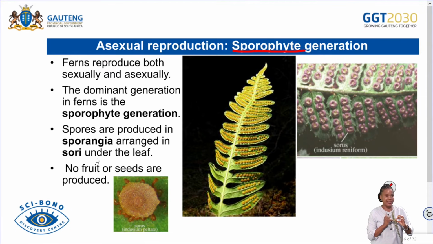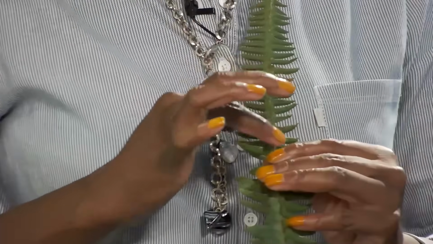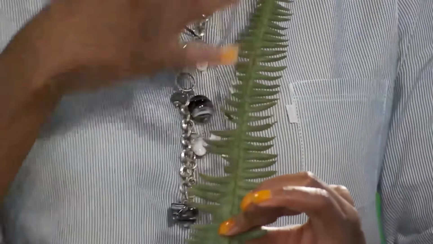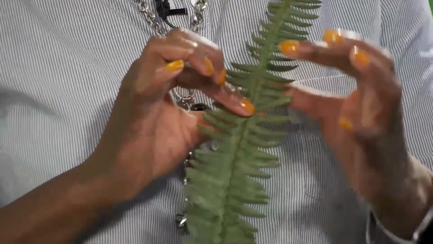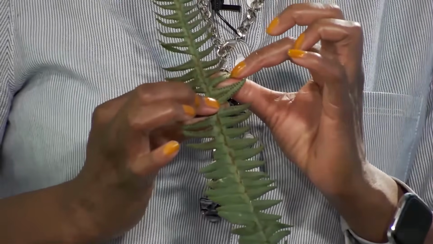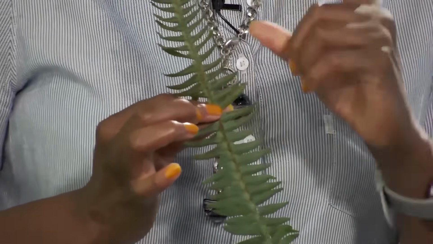And where are the sporangia? The sporangia are arranged at the back of the leaves. Can you see? There are small structures there, which are called the sorus. When you look into this leaflet, or this frond, remember we said this is called the frond, you will clearly see the sori, one sorus but many sori.